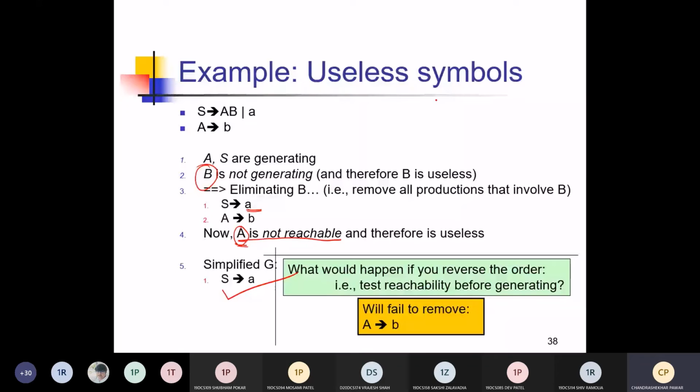First we will check the reachable, and secondly we are going to check the not generating. Here we first found the not reachable. So here S produces A, and A produces B.